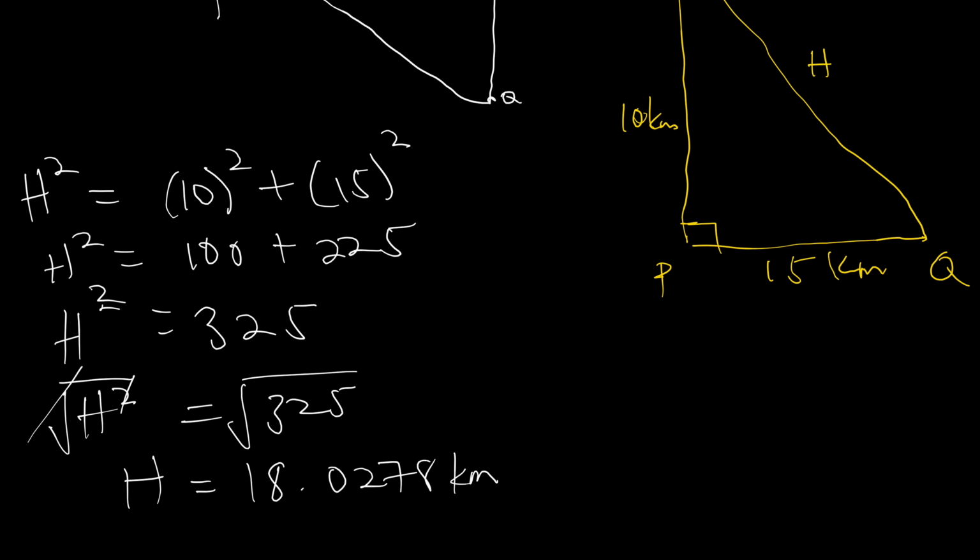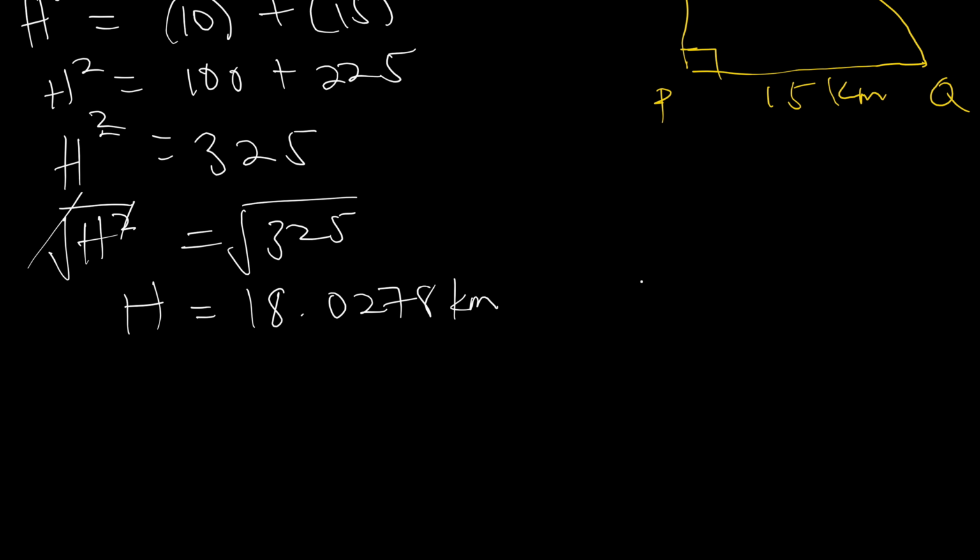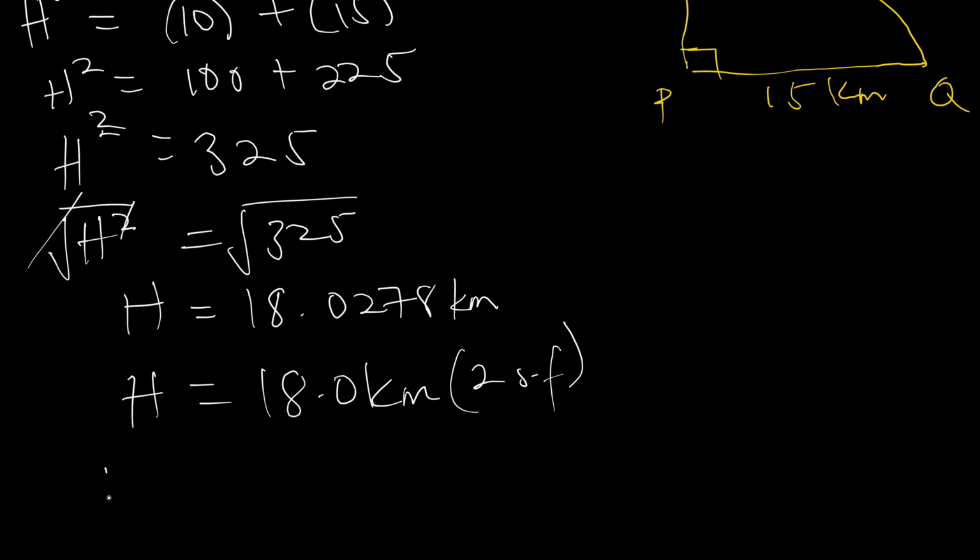But we are asked to correct our answer to two significant figures. So our final answer, H, is 18 kilometers, corrected to two significant figures. The length of QR is 18 kilometers.